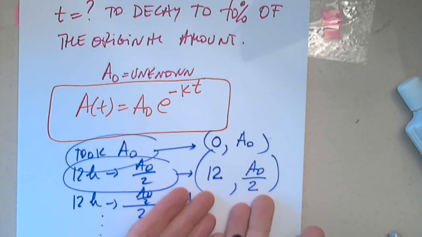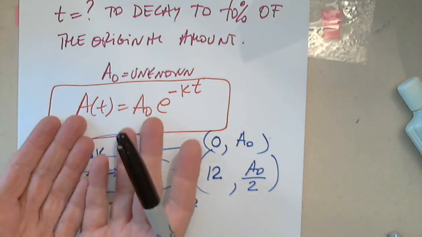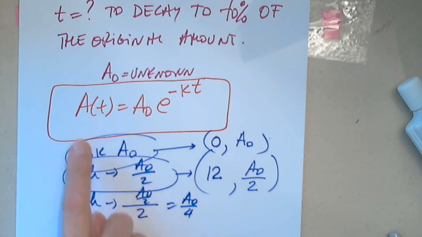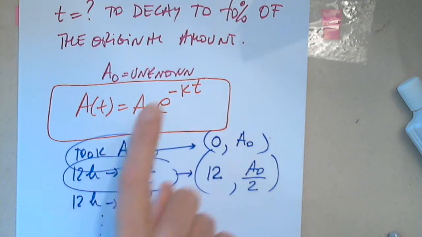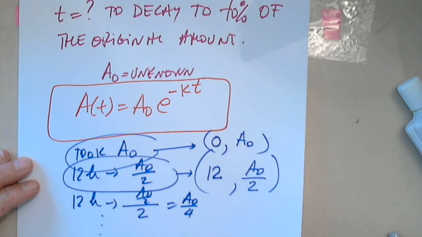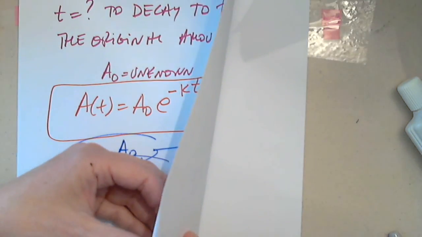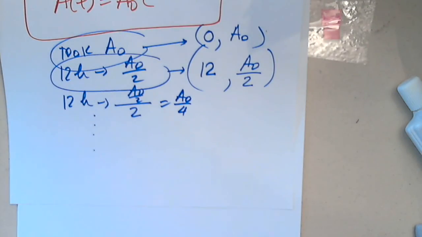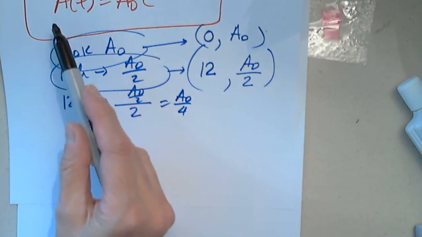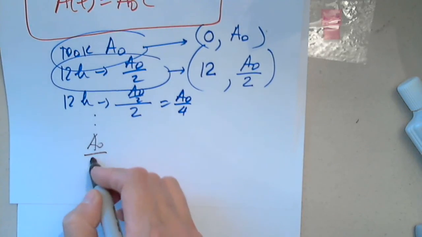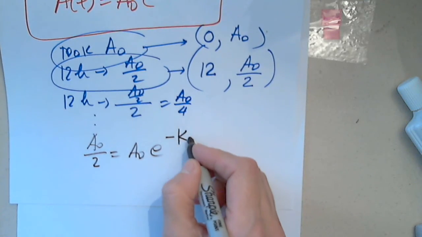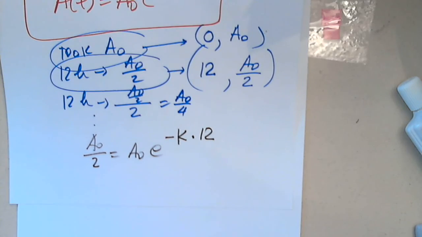So, can anyone help put this point in the equation? This is A0 over 2 when t is 12. How should I write this? A0 over 2 equals A0 e to negative k multiplied by 12.